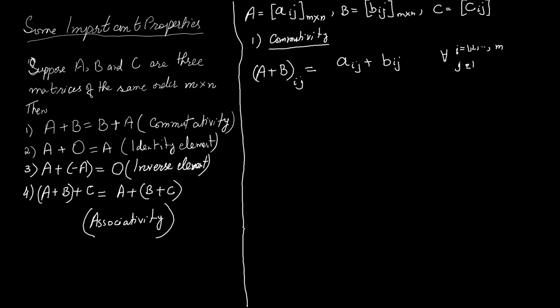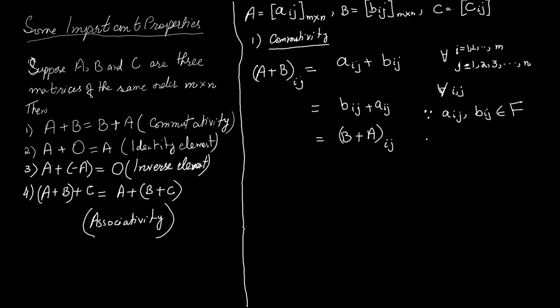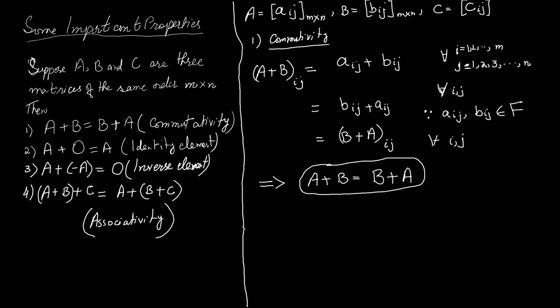Now we can write Aij plus Bij as Bij plus Aij, because Aij and Bij, all entries belong to the field F and addition is commutative in the field. Now look at the right hand side, which is Bij plus Aij, the element at row i and column j of the addition B plus A. Since this is true for all ij, therefore we have A plus B equal to B plus A.